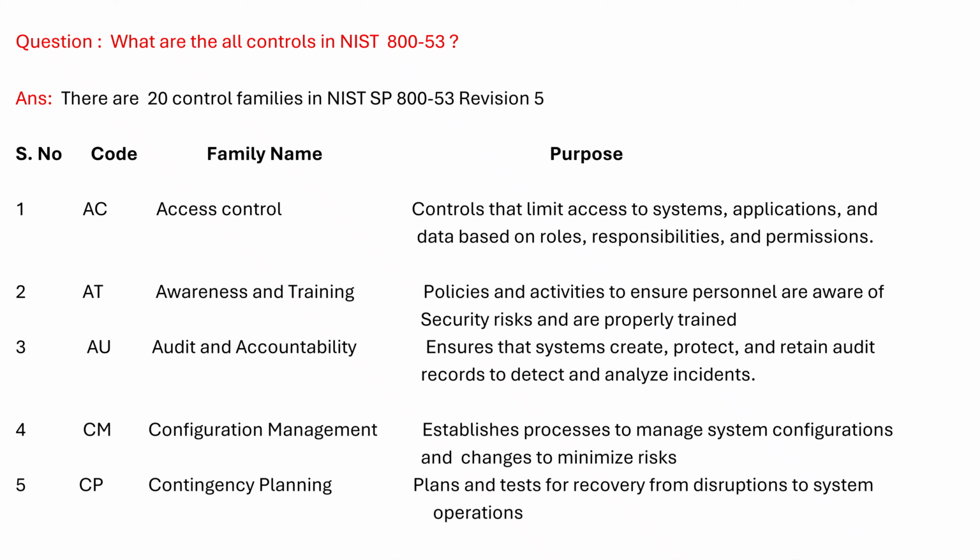AT belongs to awareness and training. In this control, policies and activities ensure personnel are aware of the security risk and are properly trained by the organization. AU belongs to audit and accountability, which ensures that systems create, protect and retain audit records to detect and analyze incidents. CM is configuration management, which establishes processes to manage system configurations and changes to minimize the risk. CP is contingency planning, to plan and test for recovery from disruption of system operations.